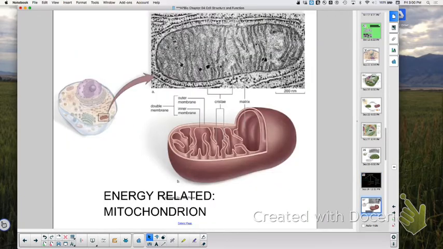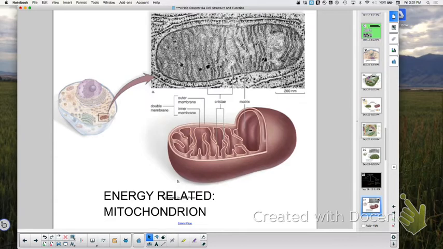Energy related. Mitochondria. So you have an outer membrane on the outside. Then you have just one inner membrane, and that has a bunch of folds on it, which increases surface area. It's here on these cristae, this inner fold, that you're going to do the electron transport chain, which ultimately is going to make a bunch of ATP.